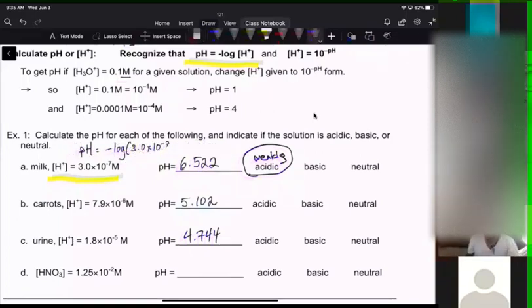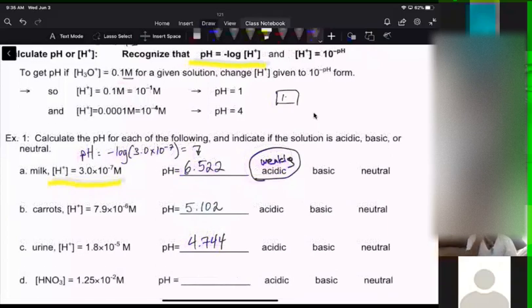On my calculator, I have to type the log button first. Some of them you type the number and then press log. But on this one, I have a Casio. I type the log button, and then that gives me this. And then I type 3, you can do EXP, or mine says times 10 to the, right?